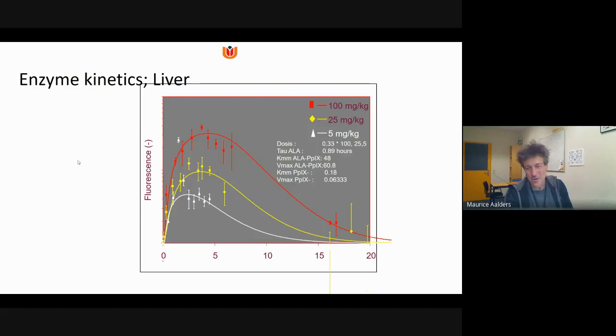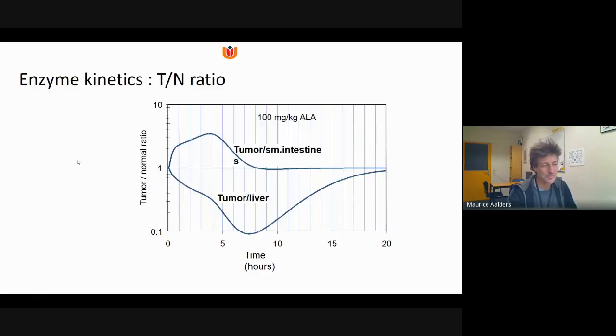So we now know if we give a certain dose, its maximum in the tumor and what the level in the other tissues is. And we can calculate, for instance, the tumor versus small intestines ratio. So here we can see we have an optimal contrast between the tumor and the small intestines. Then we can either diagnose or treat. Tumor to liver, the other way around. The liver has a lot more here, so the tumor ratio is lower here.